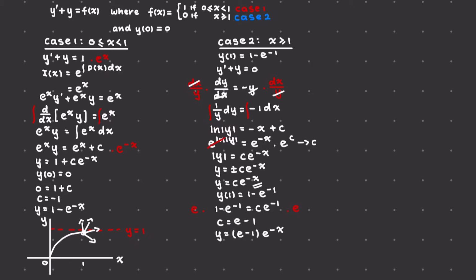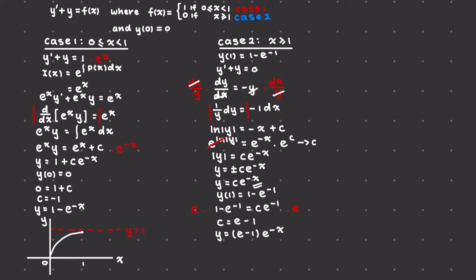And so this solution goes from x equals 1 or more than 1. And so we can graph this solution right here. If you go back to our first graph, let's remove this.